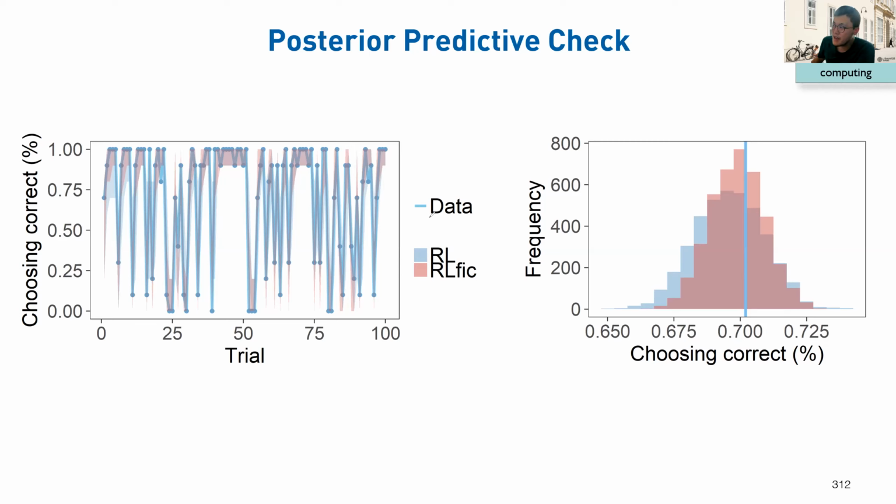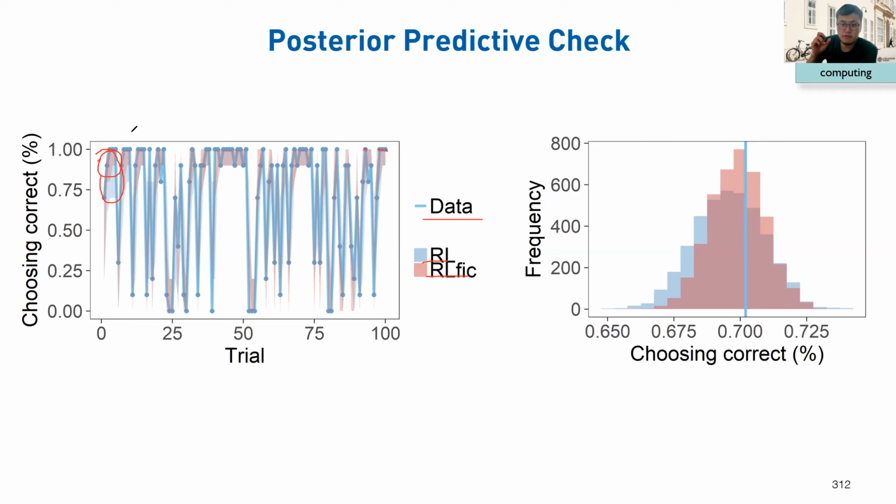Say here we have these dots. You can see that all of them are real data, and there's a curve. We have two models. One is the Rescorla-Wagner, the other one is the counterfactual double-updating Rescorla-Wagner. Roughly, both of the two curves follow the pattern of the data, but you can see quite easily that the variance of the red one is smaller than the variance of the blue one.